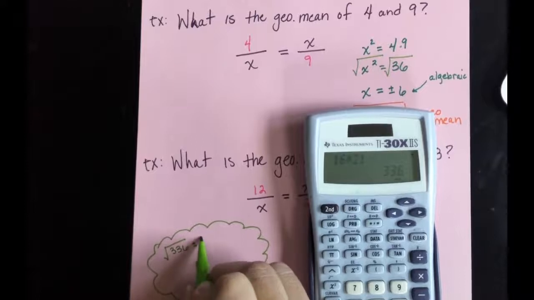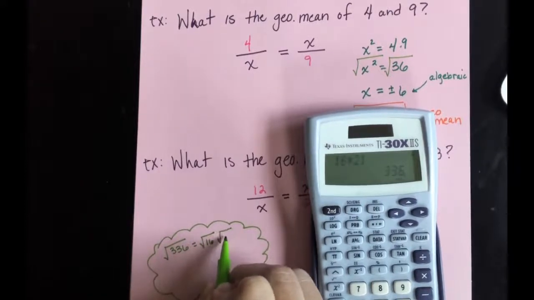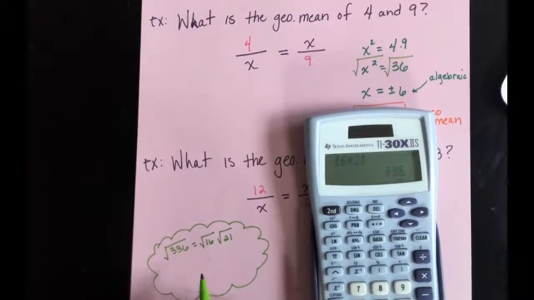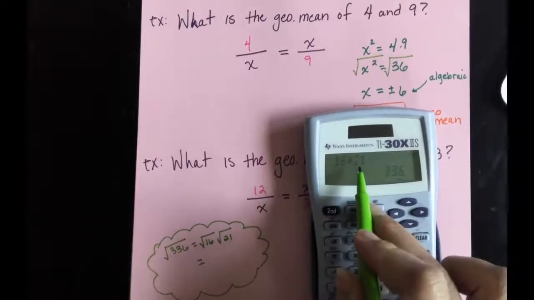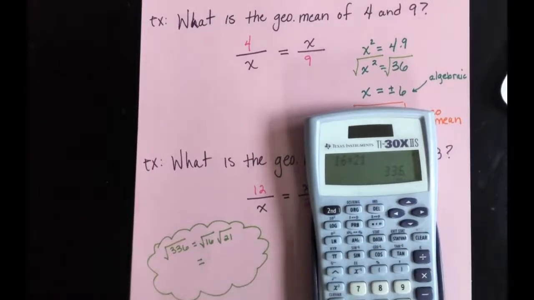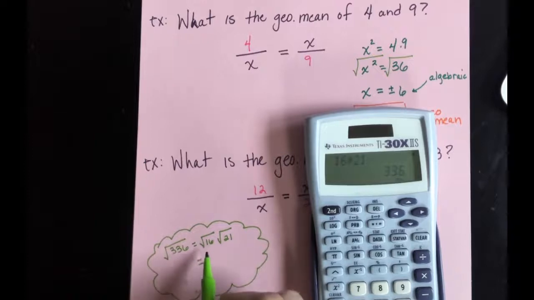So this is actually the square root of 16 times the square root of 21. And we know that the factors of 21 are 3 and 7, so we're not going to be able to take the square root of something with prime number factors.